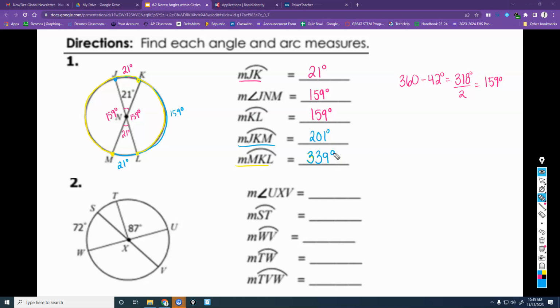One other trick, Marley, whenever you were looking for that angle being 159. Another trick you can use, so you don't have to do the whole thing, if you've got a diameter like we have right here, then a straight line, how many degrees are in a straight line? Like from here around to here.